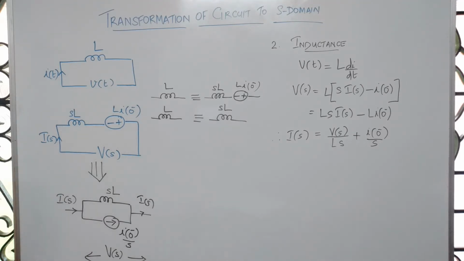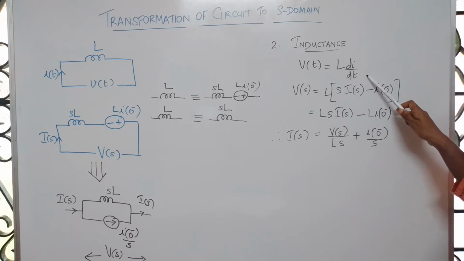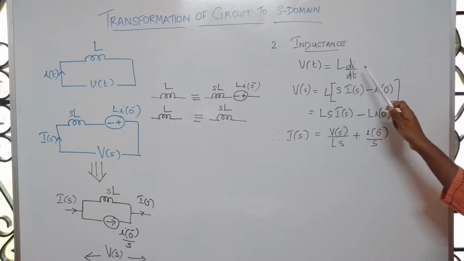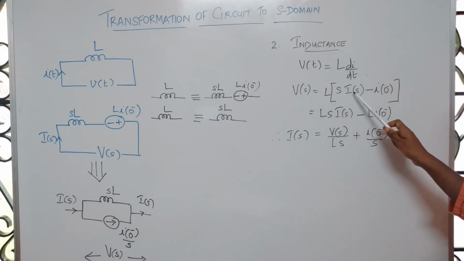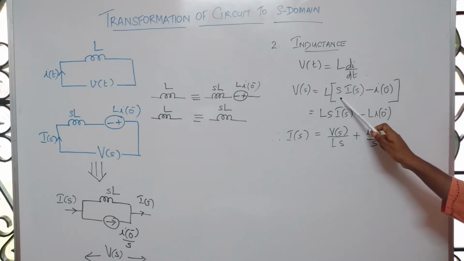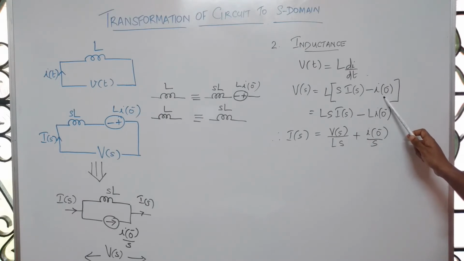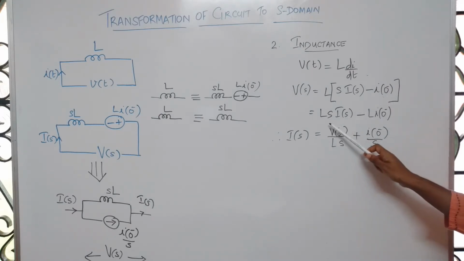So these are the various representations. I will quickly explain once more. For the inductor, we start with the basic equation for voltage, V of t equal to L into di by dt. Taking Laplace transform on both sides, V of s equal to L into, applying the differentiation property, s into I of s minus I of 0 minus.